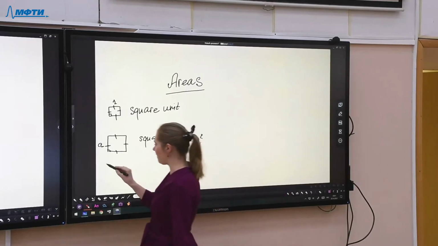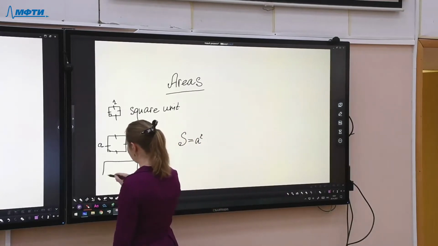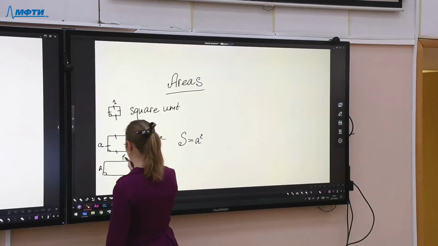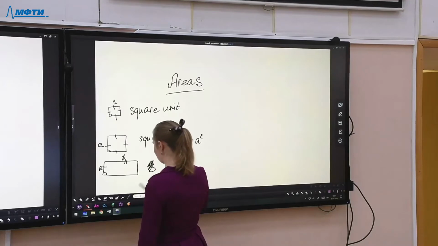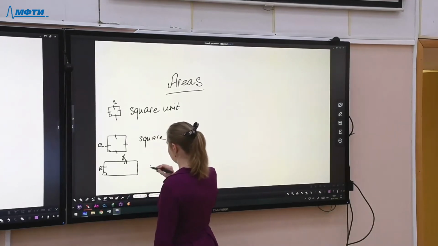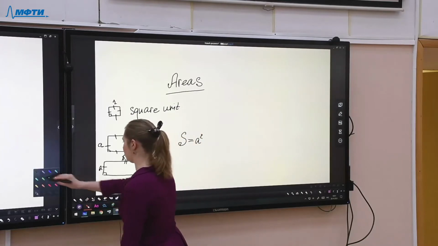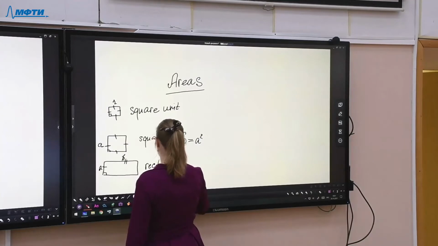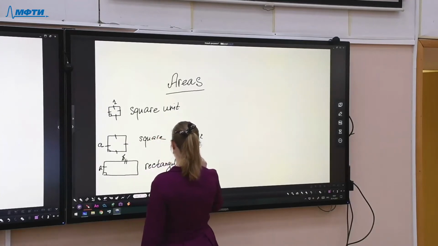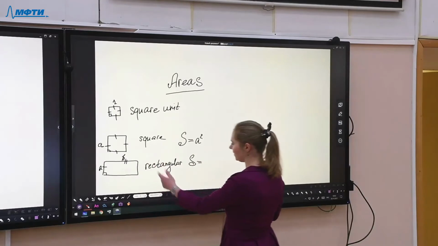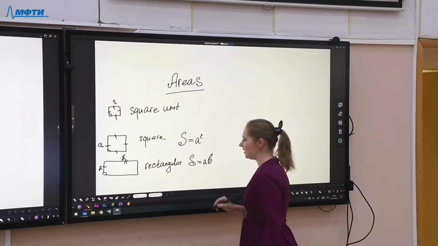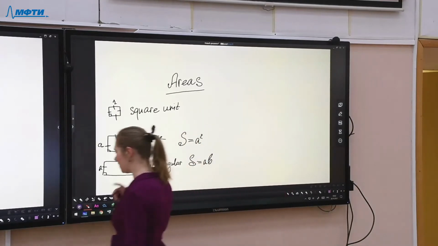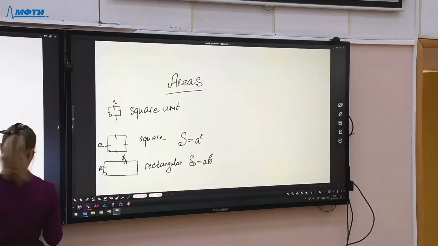If we have a rectangle, the sides are A and B. The area is a product of these two sides, A and B. The product of two sides having the same vertex.